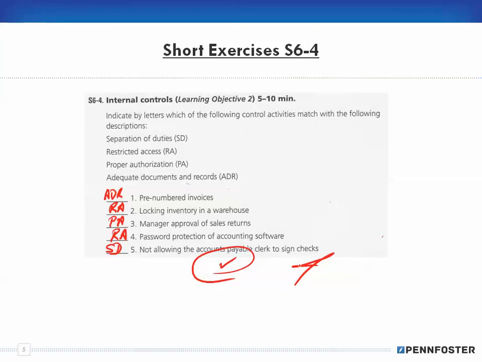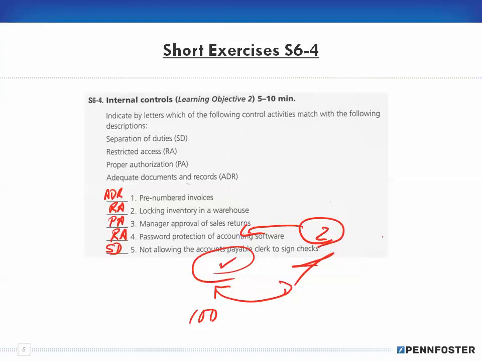Now, does that mean that a scheme can't be created here? Both people would have to be in on it. Now you have collusion, where both people would have to know, because person number 2 is overseeing what person number 1 does. Let's say person number 1 writes a check for $100, and person number 2 says, "What's this for?"